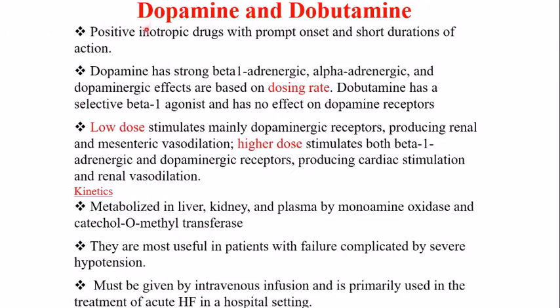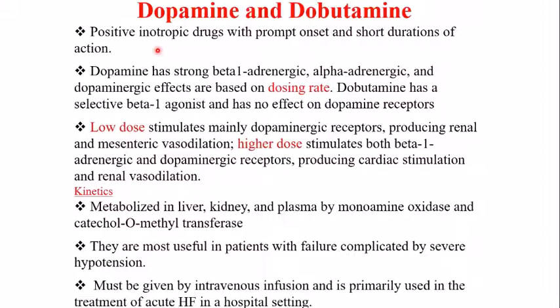Dopamine and dobutamine. Our next topic is dopamine and dobutamine. What are these drugs? We already discussed them basically. These are inotropic drugs, and they are beta adrenergic agonists. Beta adrenergic agonists such as dobutamine and dopamine improve cardiac performance by causing a positive inotropic effect and vasodilation.